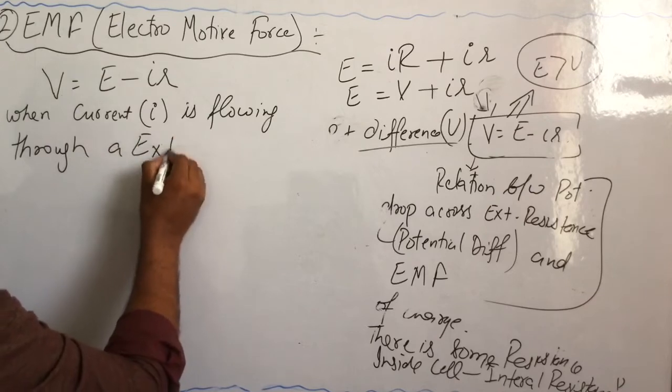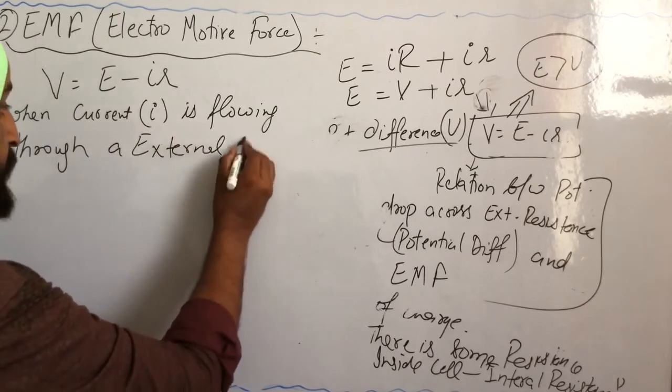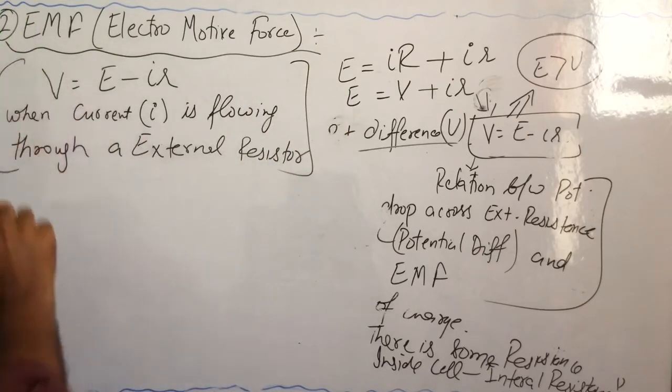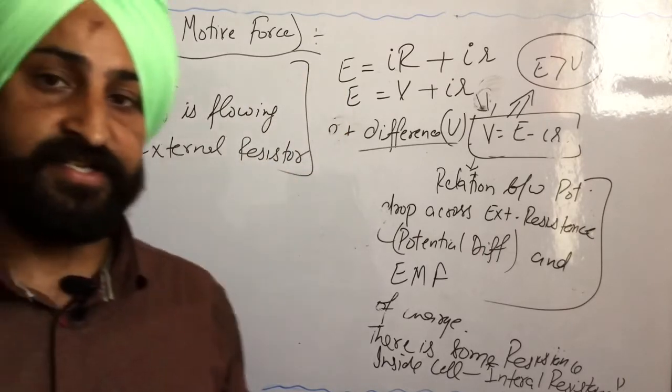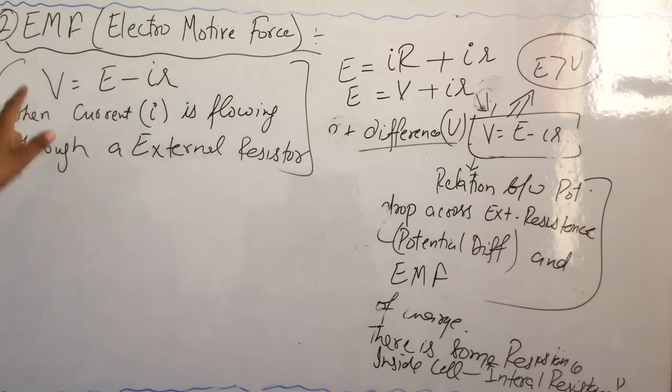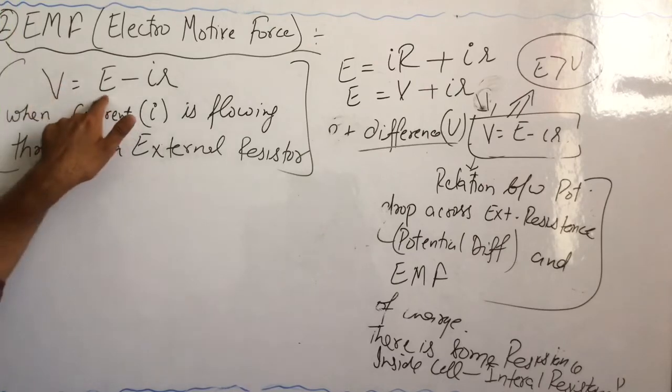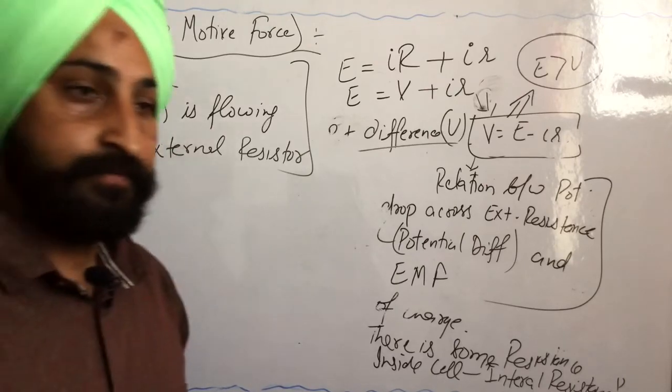We should write it as through an external resistor. So this is the relation when current I is flowing through external resistor R, then V is equal to, what is V over here? It is I into the value of that external resistor is equal to E minus Ir. Fine.